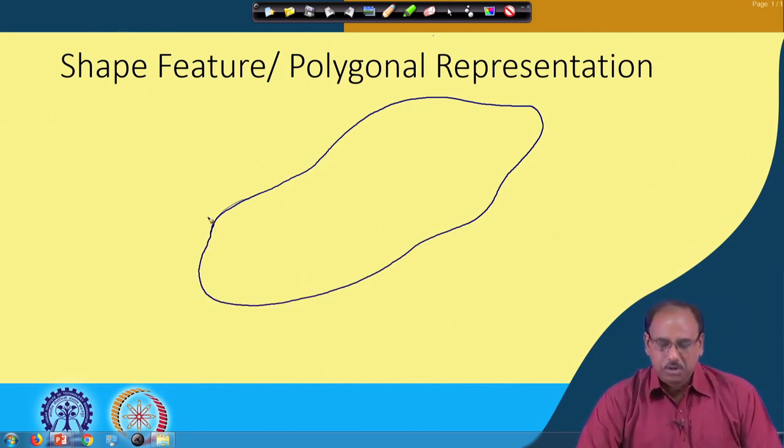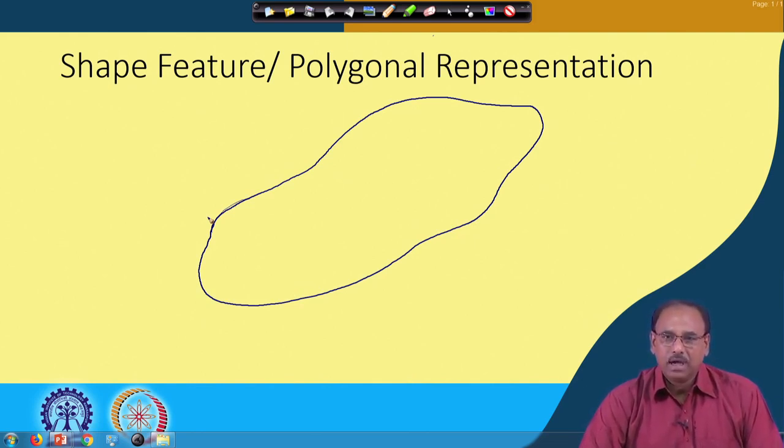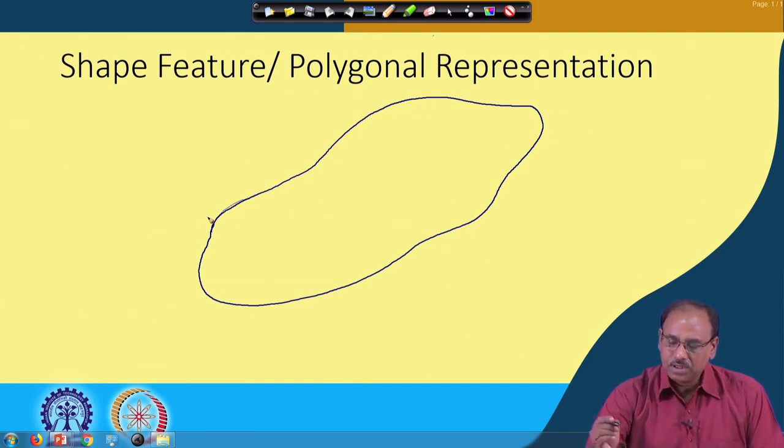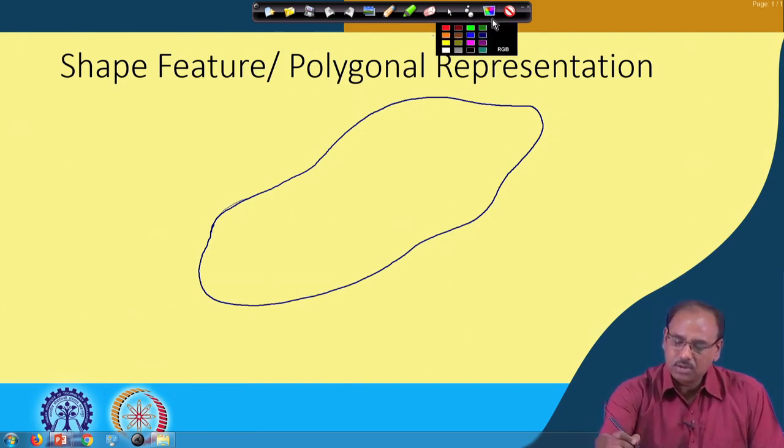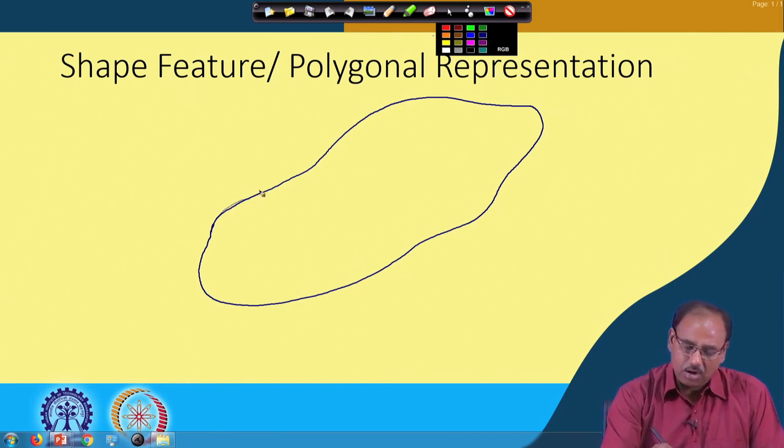Now, though I have shown this closed boundary as a continuous curve, you remember that we are talking about discrete signals or digital signals. So, this curve is not really a continuous curve, rather it consists of a set of discrete points. So, something like this, I have a set of points on this discrete curve.